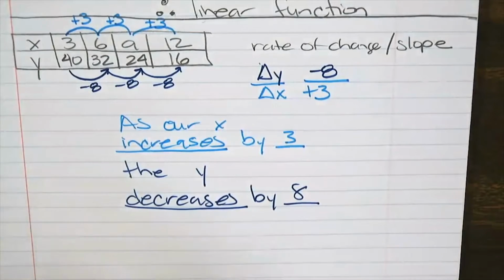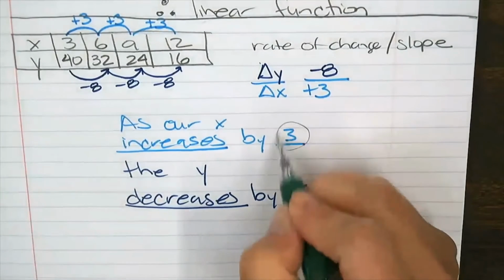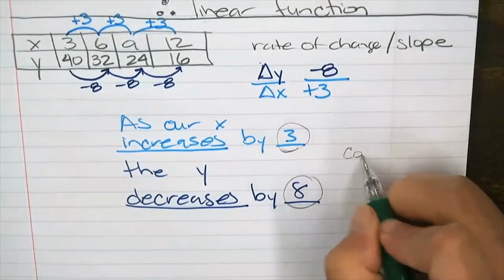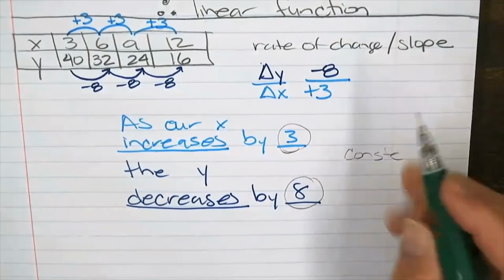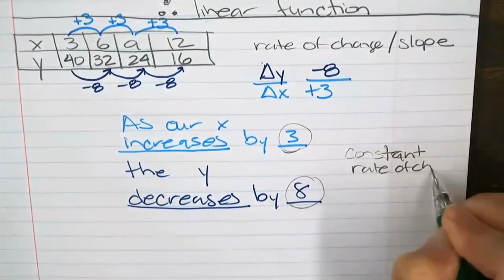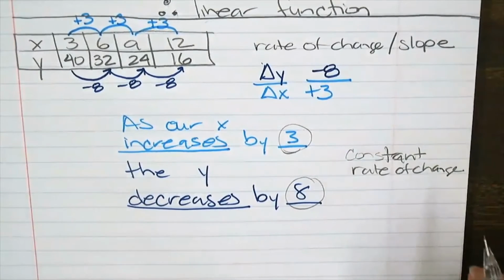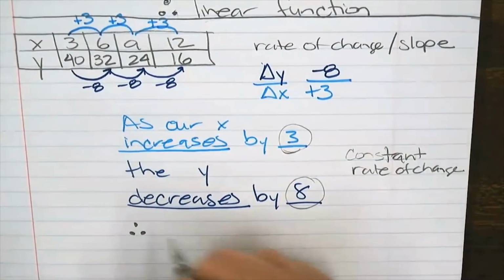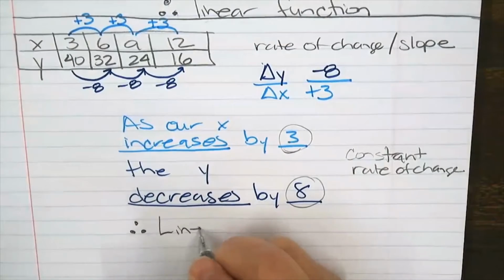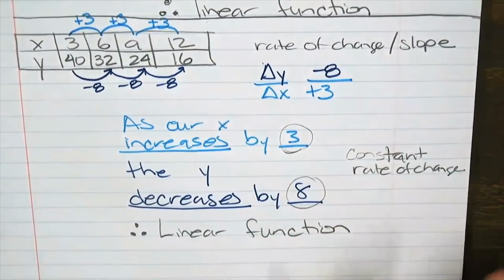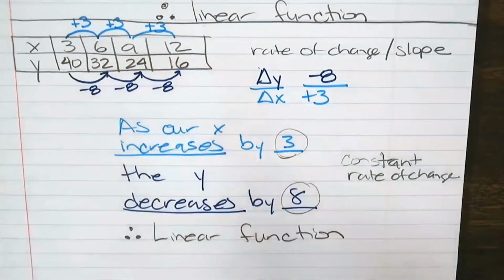Now, since we have a constant rate of change or slope, therefore, this is a linear function. If you graph these points, it will be a straight line.